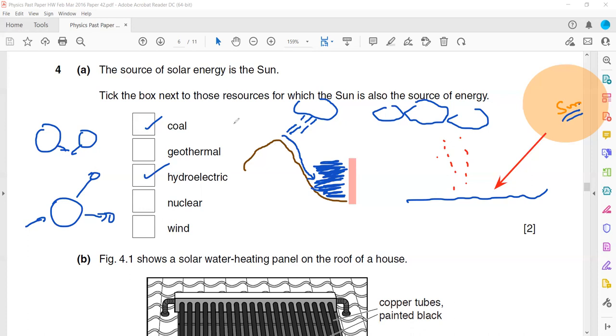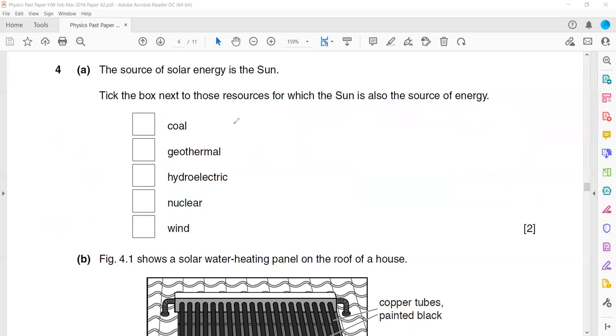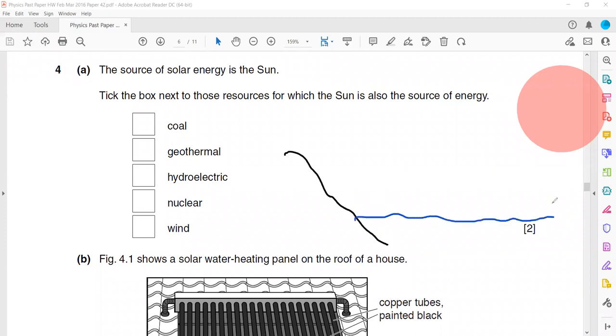And what about wind energy? The source of wind energy is again the sun, because the sun is providing heat energy to both land and water. Because the proportion of land is so small, it cannot absorb too much heat energy. So the air above the land will become hot more quickly compared to the air above the sea.